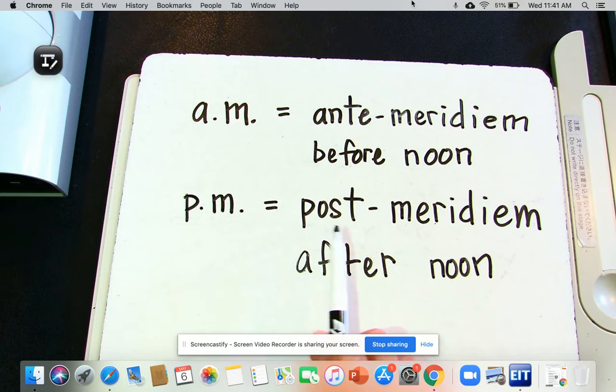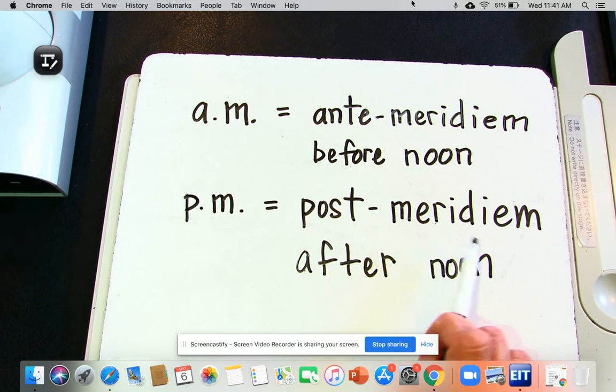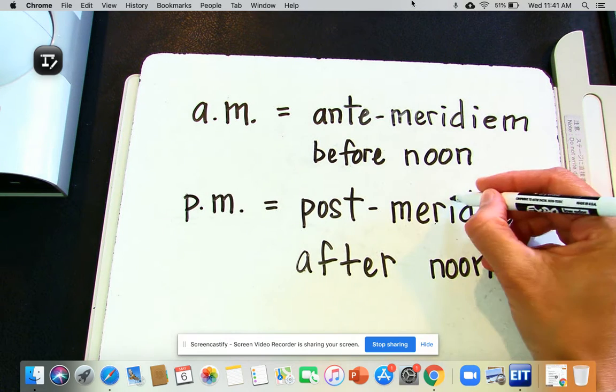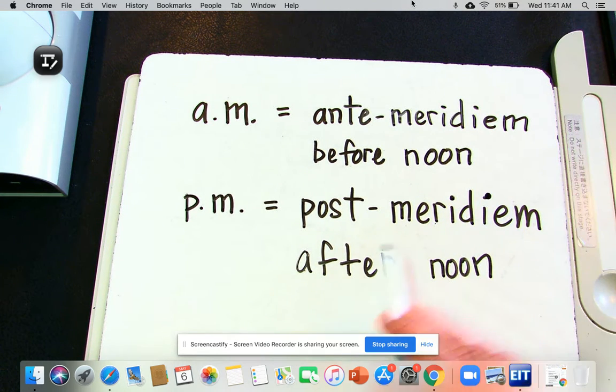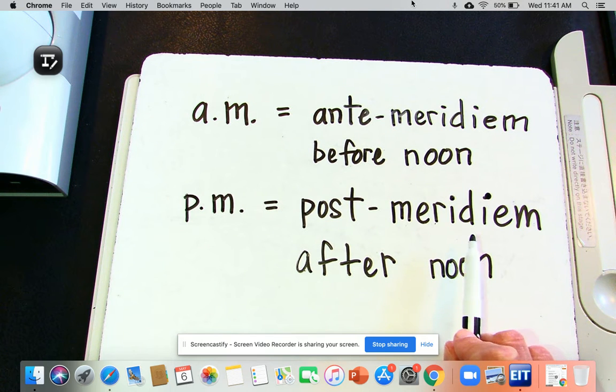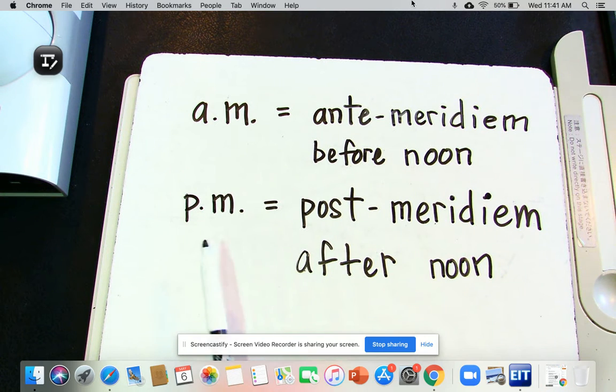Now PM means post meridiem, again from Latin. If we were in school, we would ask Mr. Reynolds about this. The Latin word post means after, and meridiem again means midday, also known as noon. So AM is before noon, PM means afternoon.